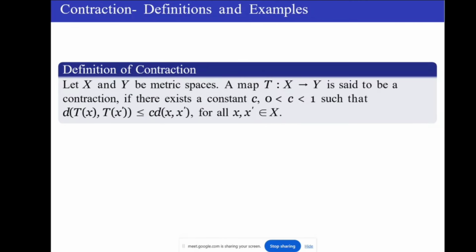The speciality of that mapping is that if we take two points X and X dash in the domain, its image will be T of X and T of X dash, and the distance between T of X and T of X dash is less than or equal to some constant C times D of X comma X dash for all X and X dash in the domain. So this is how we would like to define contraction.